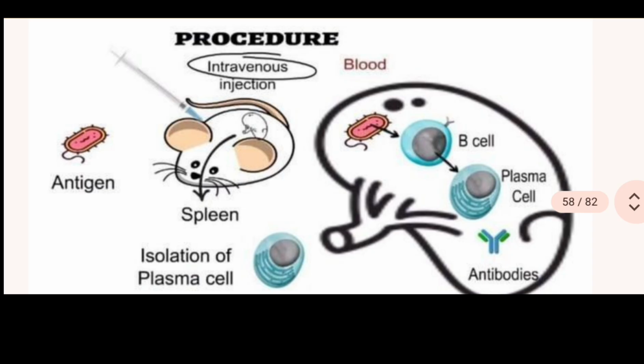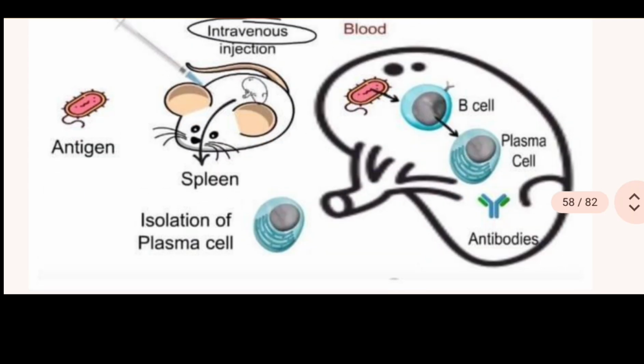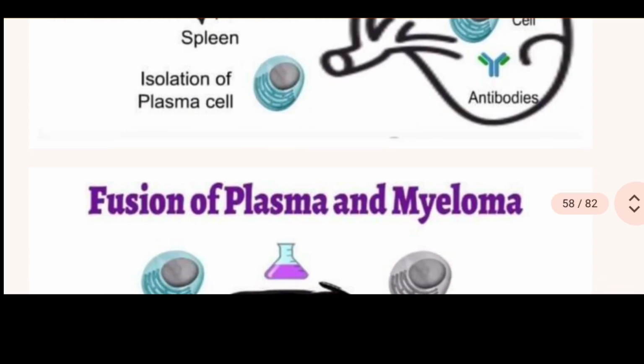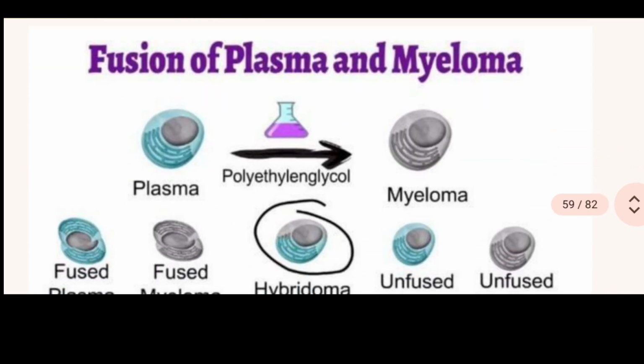Then the antigen is given by intravenous injection, the spleen is removed, and the plasma cells are isolated from the spleen cells. The B cell produces plasma cells, and these produce the antibodies. Now comes fusion of the plasma and myeloma cells.